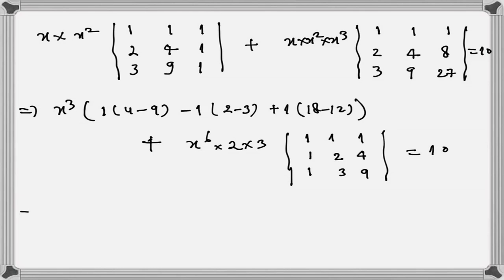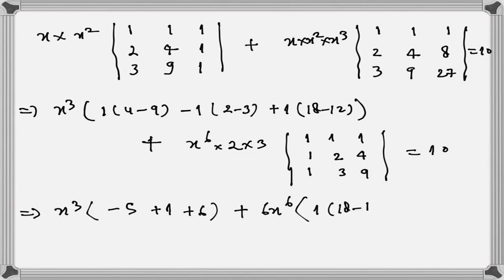Okay, so what do we get there? It's x cube times (minus 5 plus 1 plus 6), plus 6 x to the power 6, and this second determinant is nothing but 1 into (18 minus 12) minus 1 into (9 minus 4) plus 1 into (3 minus 2). This is equal to 10.